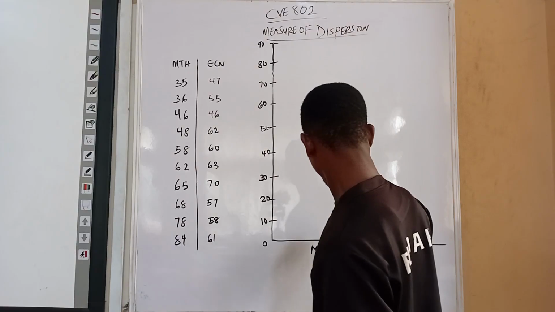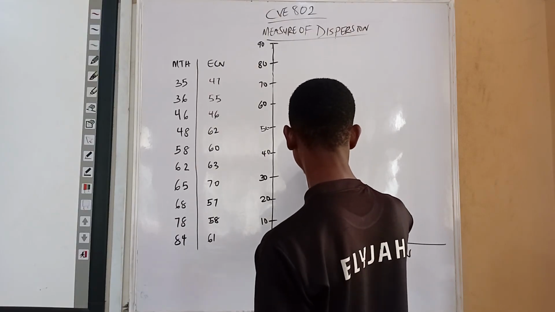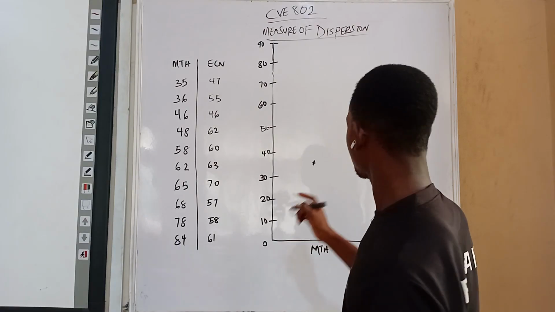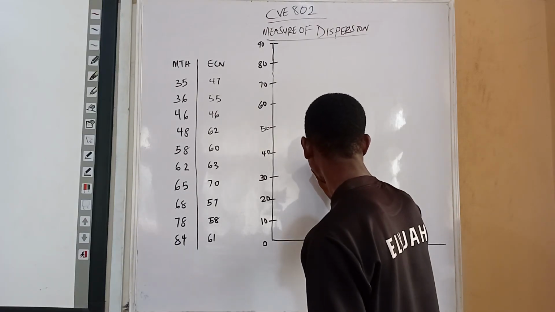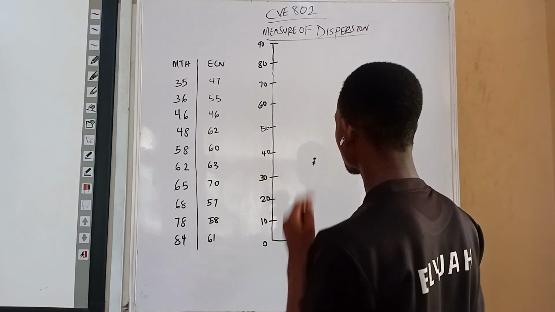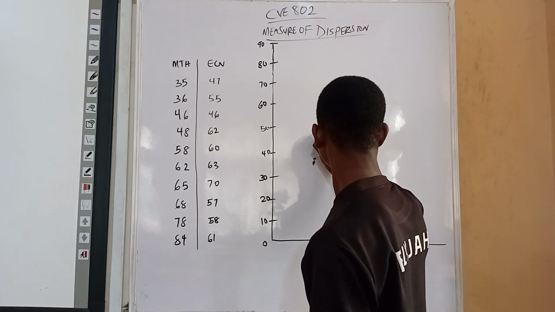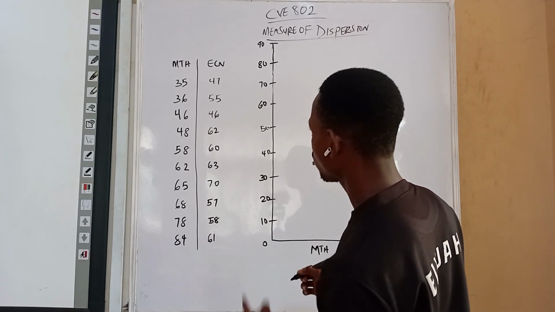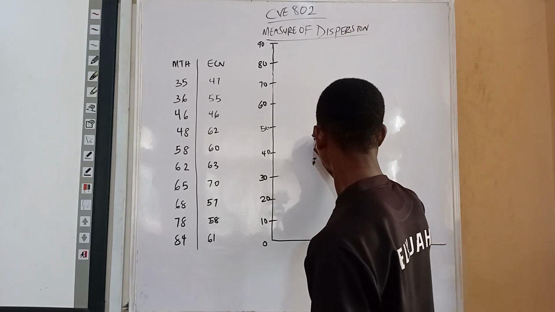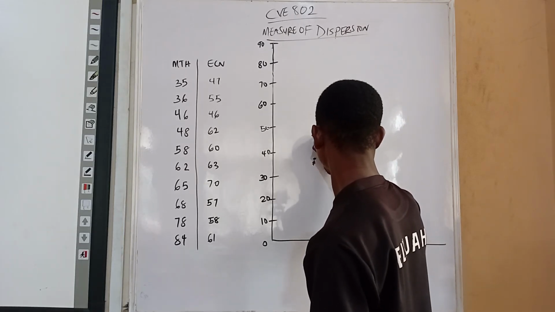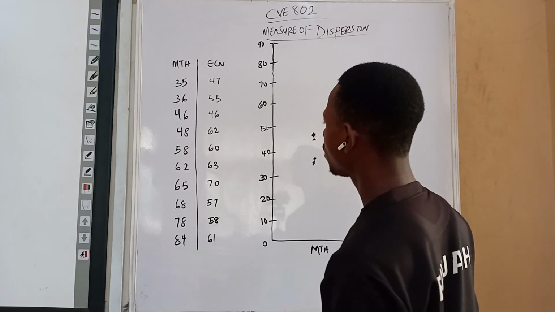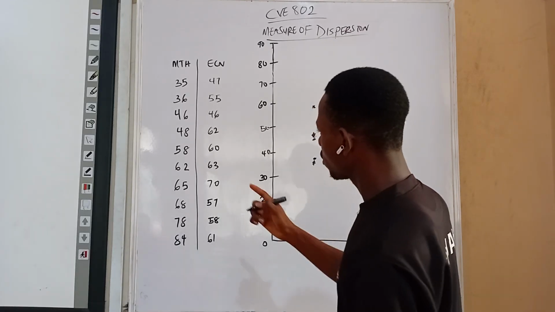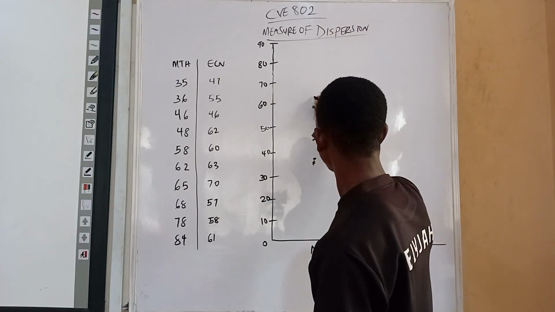For the mathematics, let's now start representing them. 35 will be in between 30 and 40. The next one is 36, slightly above 35. The next one is 46, somewhere around 40 and 50, then 48. Next we have 58, very close to 60, then 62, above 60.